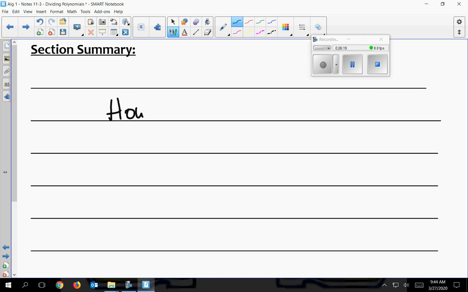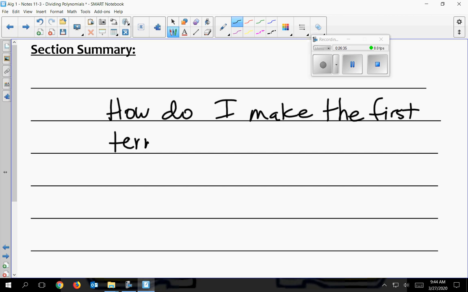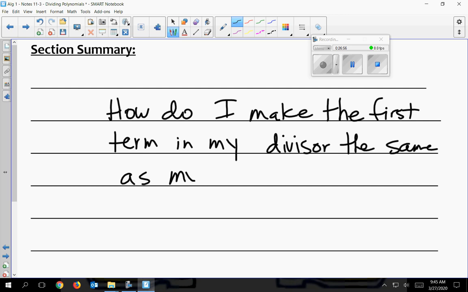How do I make the first term in my divisor the same as my dividend?